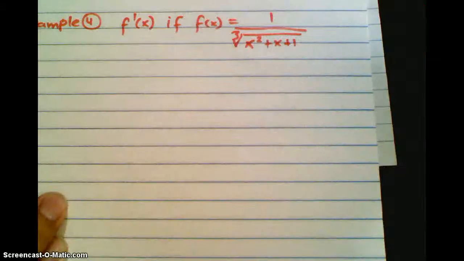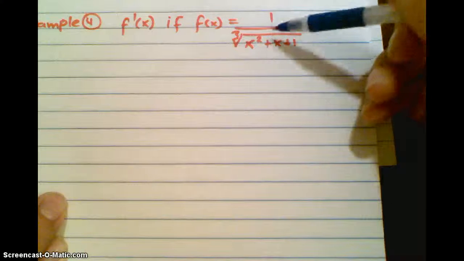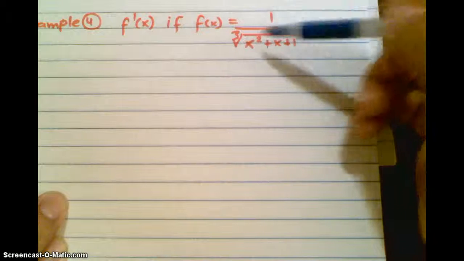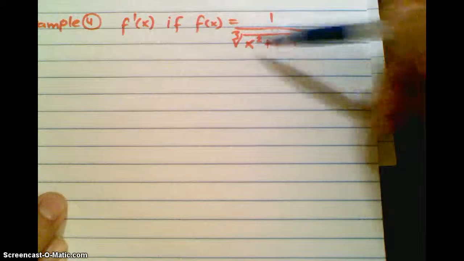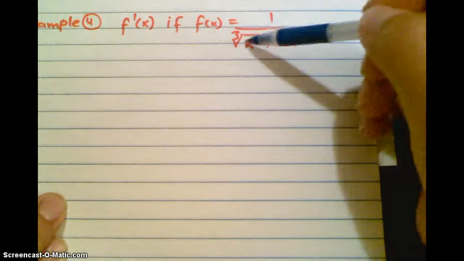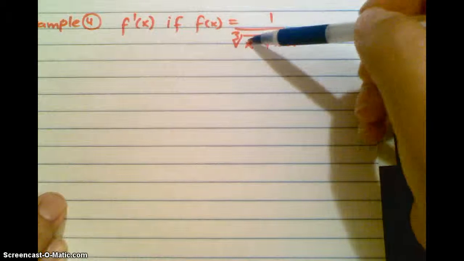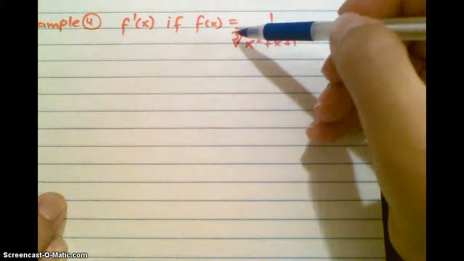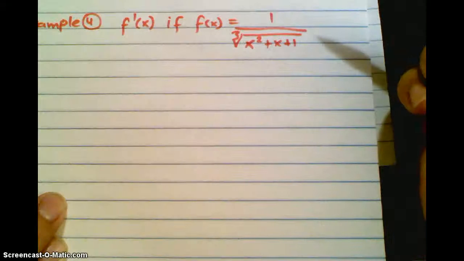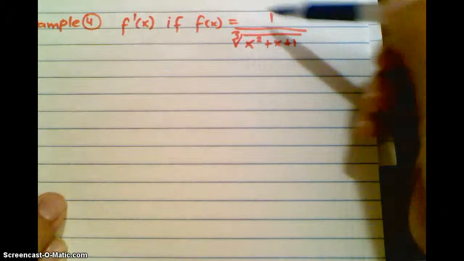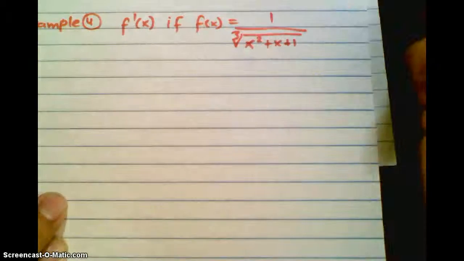For example 4, some people will be tempted to apply the quotient rule because you see a division. But let's just look at what we have on the denominator. It's simply a quadratic function raised to the power of 1/3, or the cubic root. So this is easy to be rewritten as a power function.